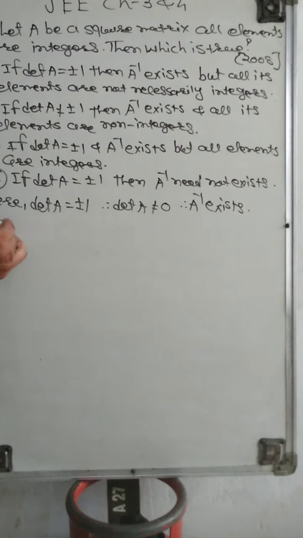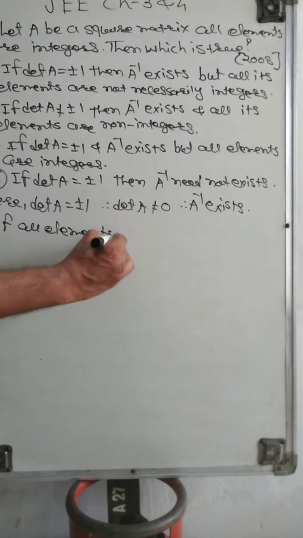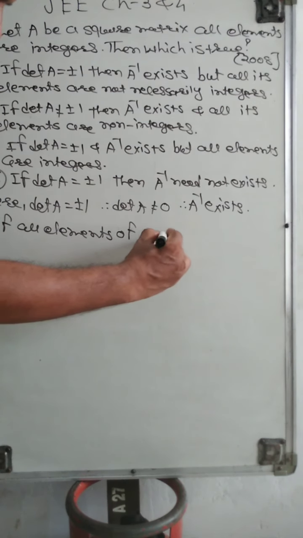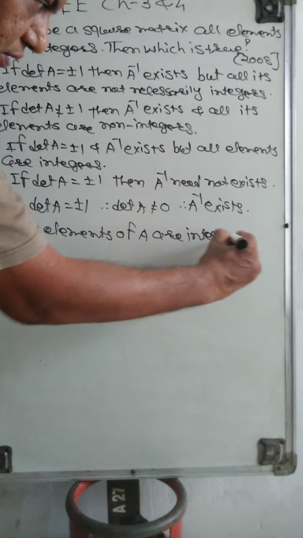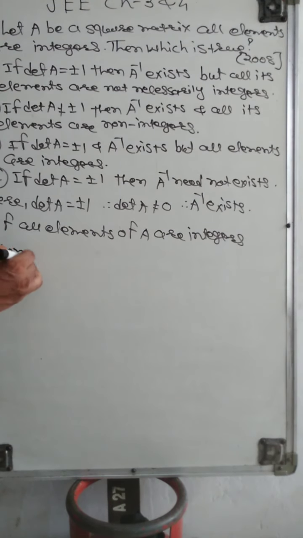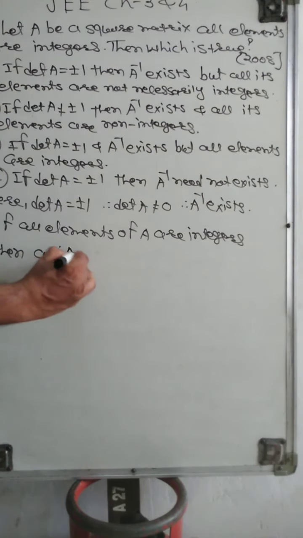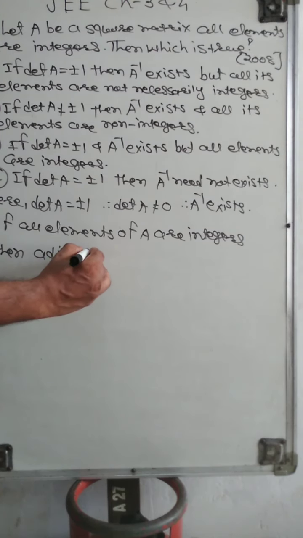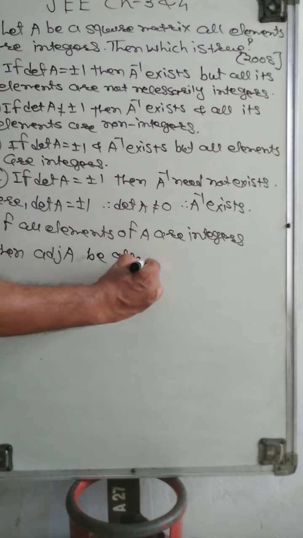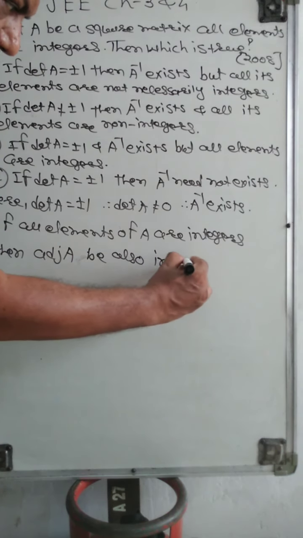If all elements of A are integers, then adjoint of A is also integers.